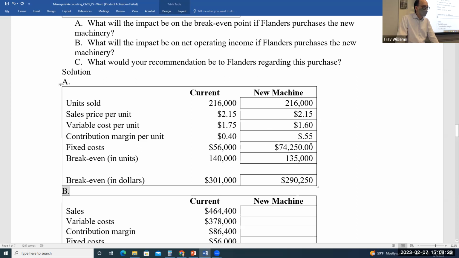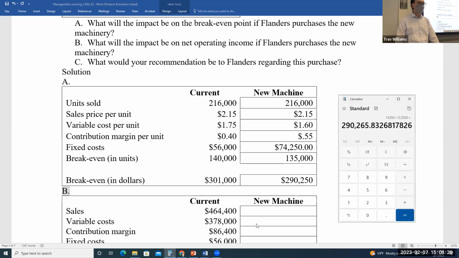Again, sales. Yes, we can take units sold times the sales price per unit to get our sales. And guess what? It's the same that it was before because our number of units didn't change, and our sales price didn't change, right? So we got the same number.